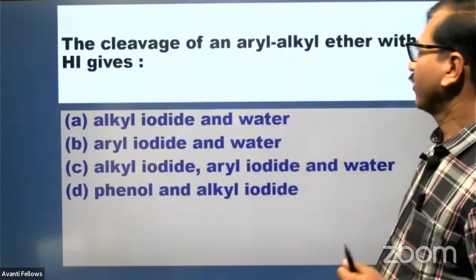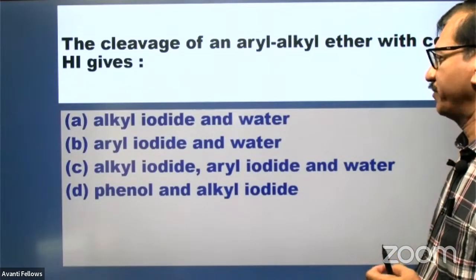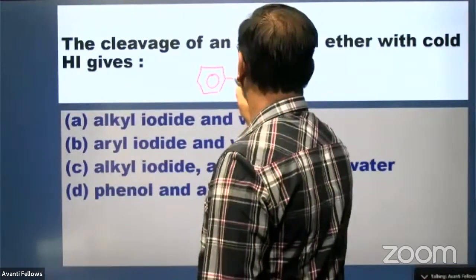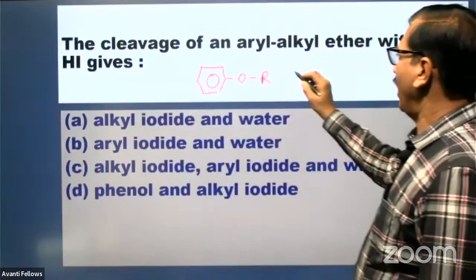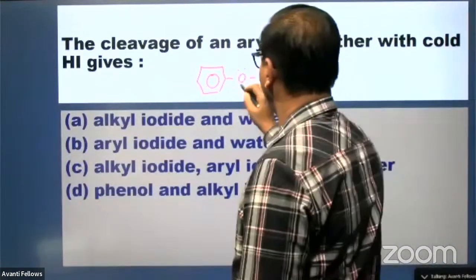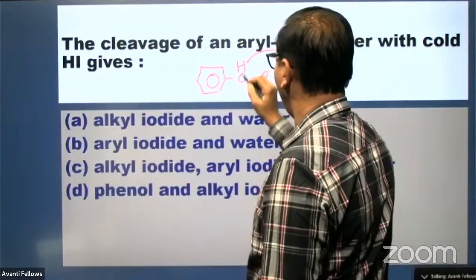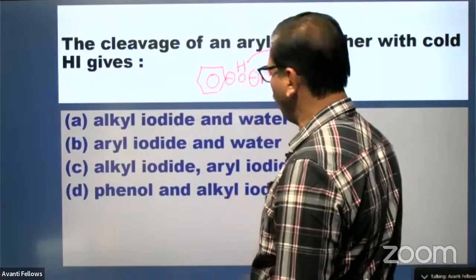The cleavage of an aryl alkyl ether with cold HI gives? Option D, sir. Phenol and alkyl iodide. Aryl alkyl ether with cold HI gives, I give the clues. This H goes away here and binds using this electron. Now, whether this is undergoing cleavage or this is undergoing cleavage, you have to decide.